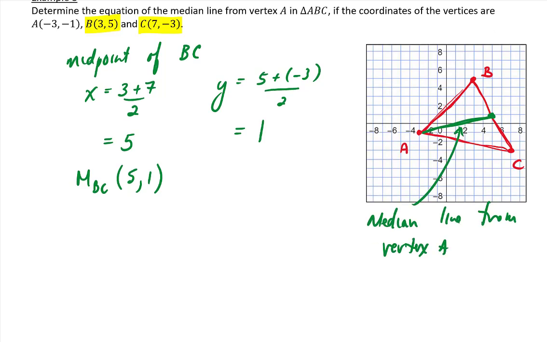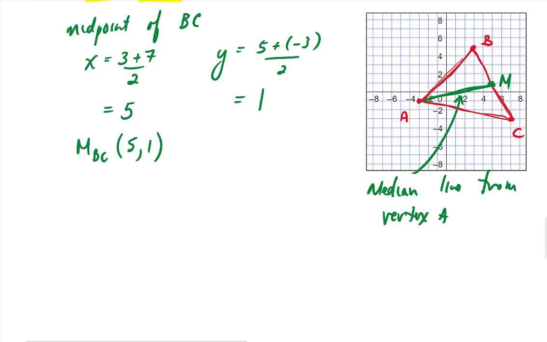But we want the equation of the median line. So we've drawn it, now let's come up with an equation. So to find the equation of a line, first we need the slope. And we need the slope of the line, and the line is AM. So from point A to point M. Remember that A is (-3, -1), and we just found out that M is (5, 1).